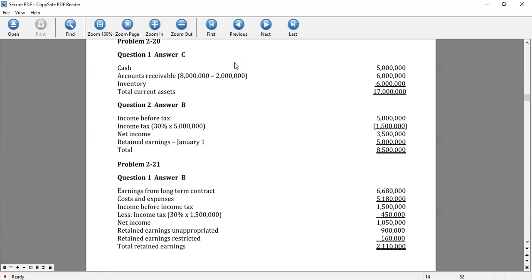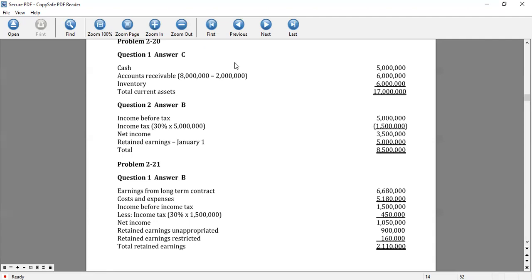Then we add retained earnings on January 1, giving 5 million. The total of 8.5 million. We are supposed to have the retained earnings on January 1 equal to the given amount in the problem of 5 million. So total is 8.5 million.